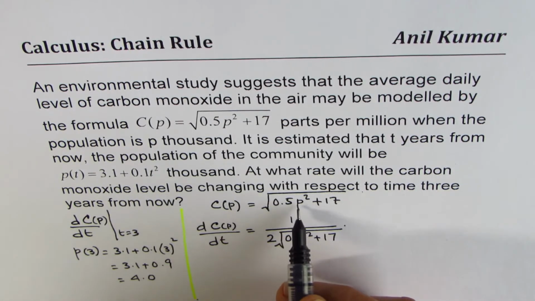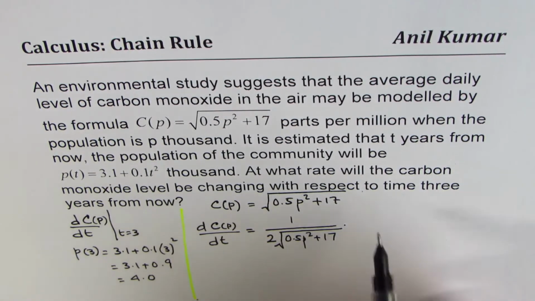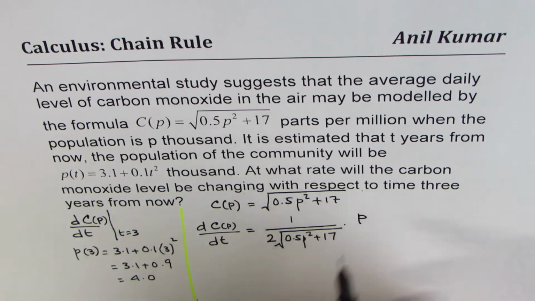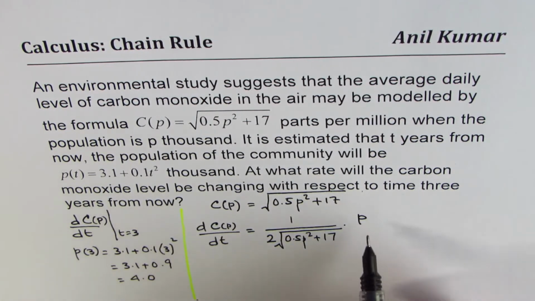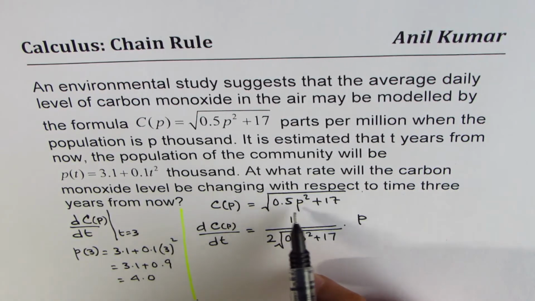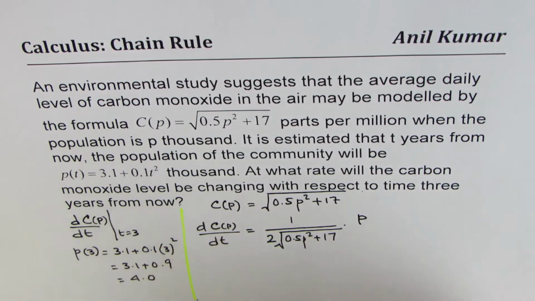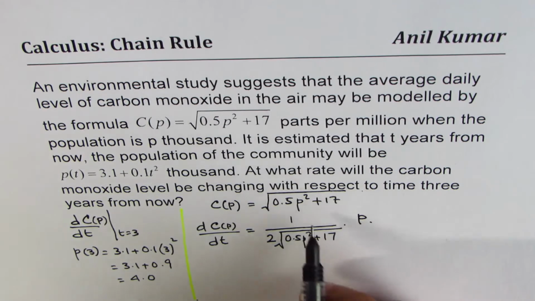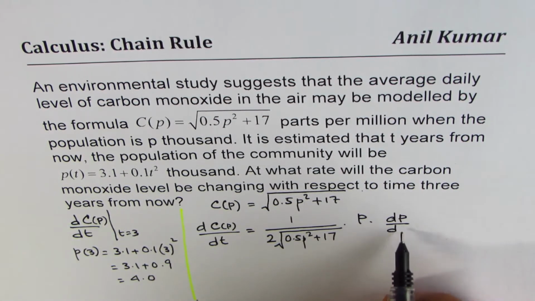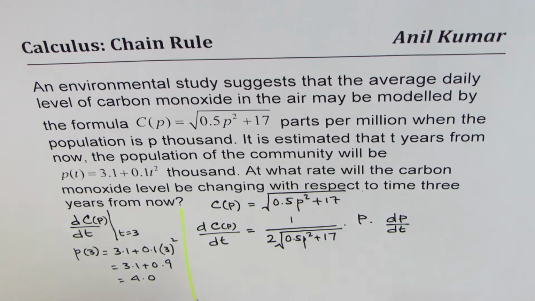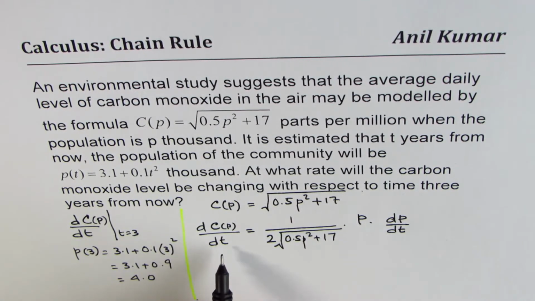So 2 times 0.5 is 1, so we get P, times, since this is P, we get dP/dt, right? We are differentiating with respect to time.